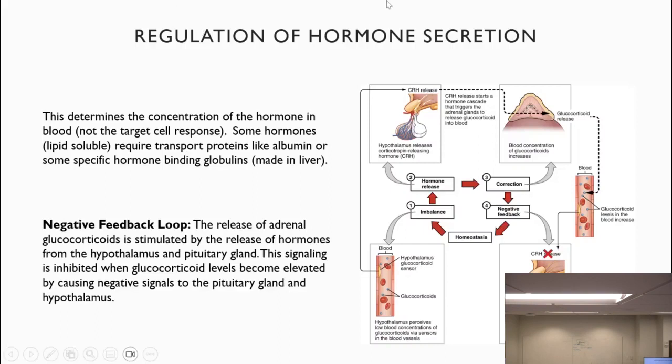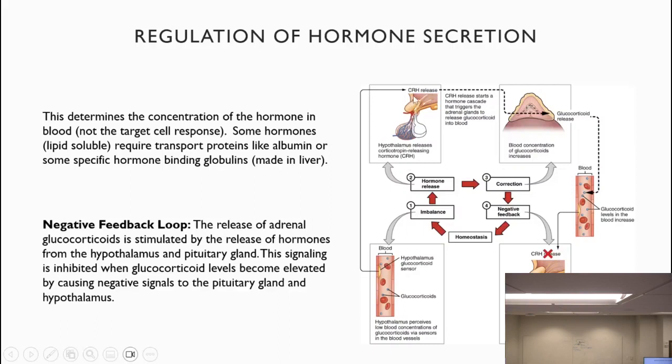Here you have examples. We are using the glucocorticoids, how the body knows when to release adrenal glucocorticoids. We have a diagram. You can start anywhere in the cycle, but I always prefer to start in the hypothalamus.